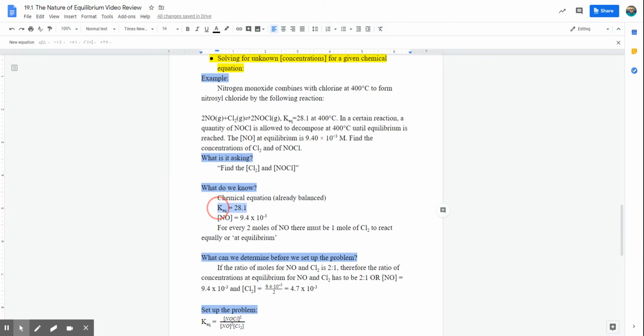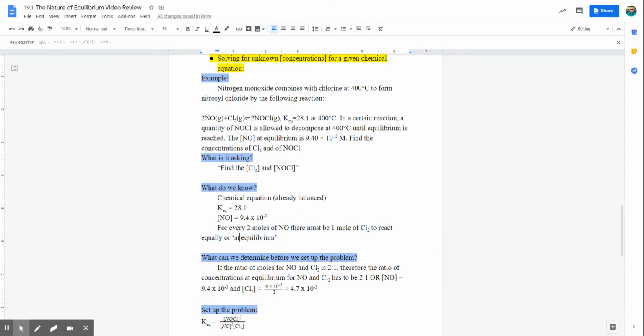We also know what the KEQ is, the equilibrium constant. We know the concentration of nitrogen monoxide. And we also know something interesting from the equation. So if you look at the equation, for every 2 moles of nitrogen monoxide, you only need 1 mole of chlorine gas. So that's what I wrote here.